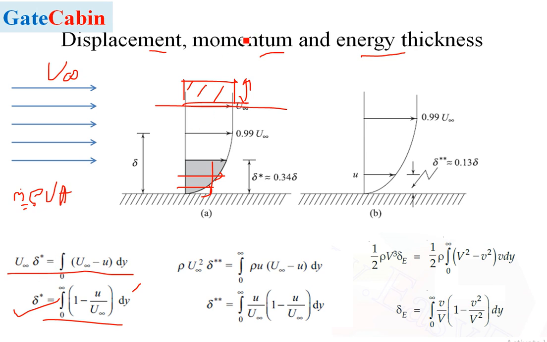Another is the loss of momentum, which we are also supposed to calculate. Here again we have a formula for momentum. Momentum is nothing but mass flow rate times velocity. For the area, we take the width of this plate as 1 unit and multiply by this particular thickness, which gives the entire area encountering this change in height of the boundary layer.